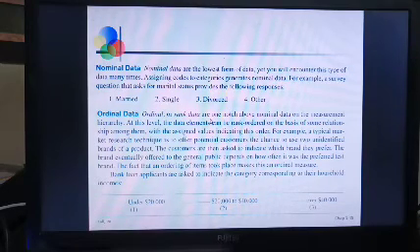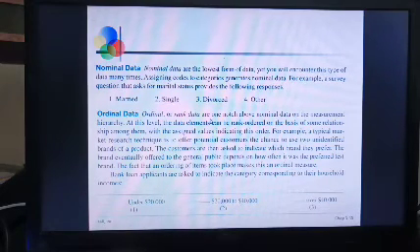Now, what is nominal data? Nominal data are the lowest form of data, yet you will encounter this type of data many times. Assigning codes to categories generates nominal data. For example, a survey question that asks for marital status provides the following responses: 1. Married, 2. Single, 3. Divorced, 4. Others.